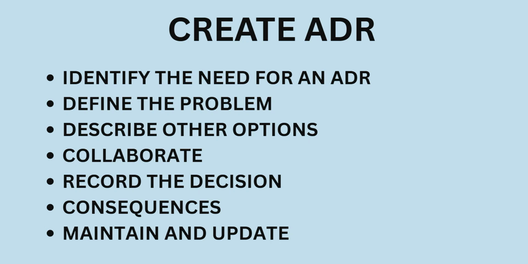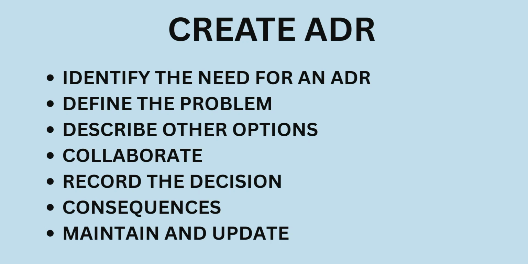So it should make sense to document this decision, whether it is simple or complex. Whatever the problem is, it should be meaningful to make a record of that decision. So consider decisions that have a lasting impact on the architecture. It can be technology choices or design principles, whatever, but it should have an impact.